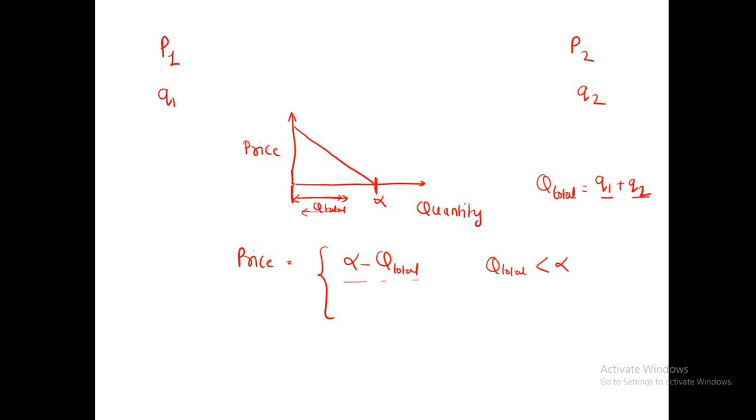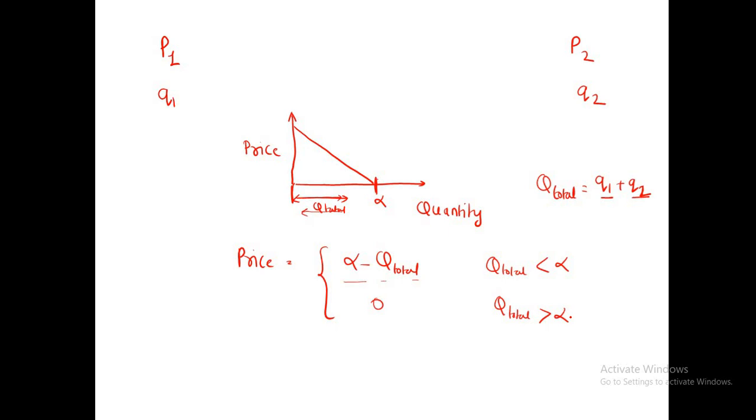But what would happen if Q total surpasses alpha? Then the price of the product will become 0, right? So if Q total is greater than alpha, then the price of the product will become 0.